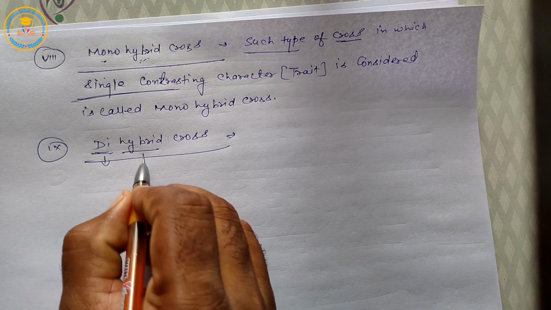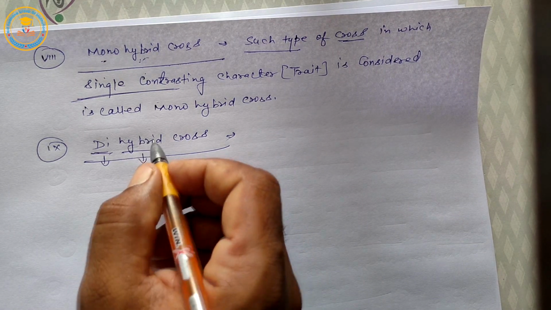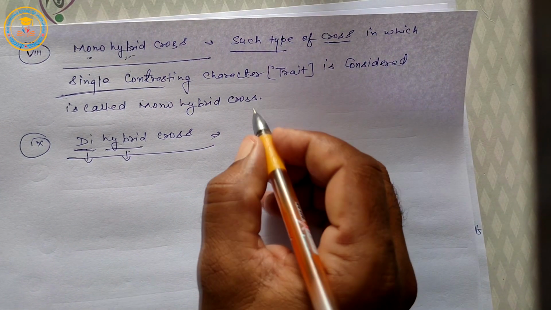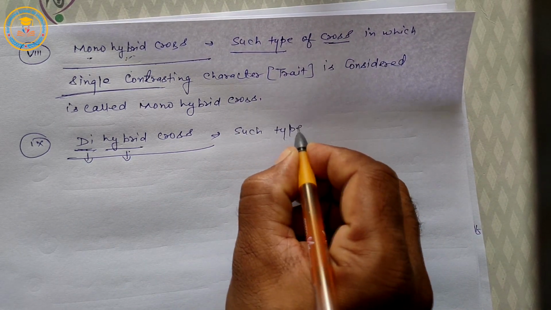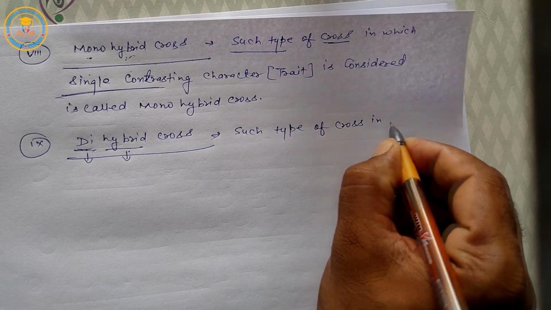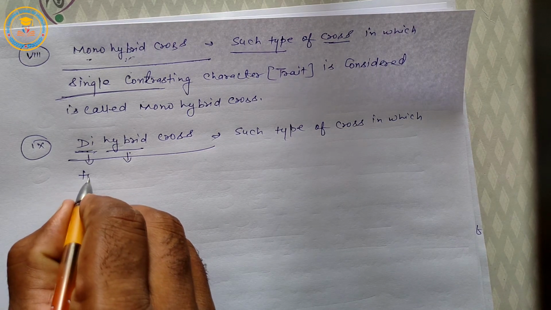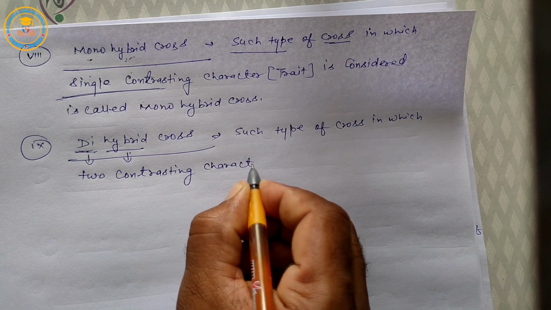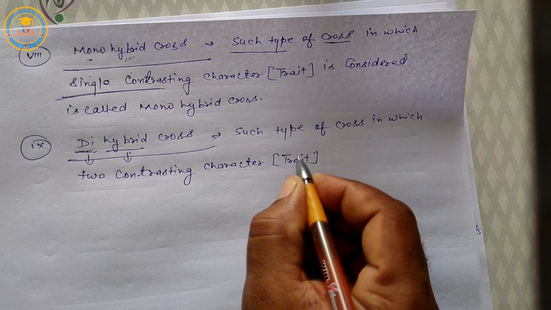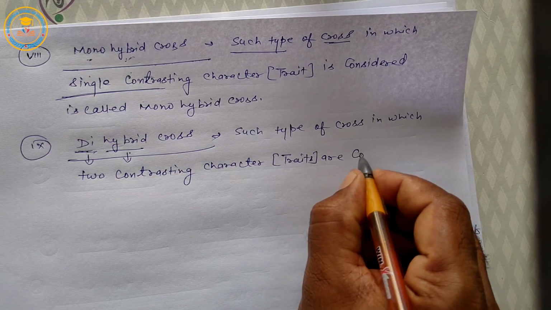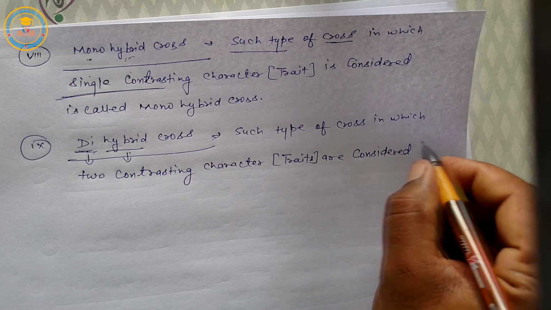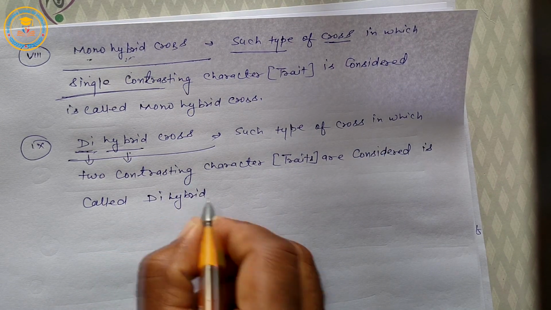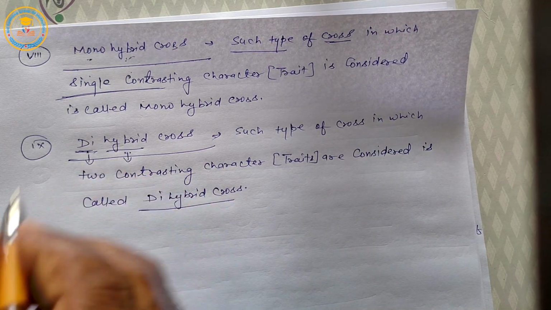In this cross two contrasting characters are considered. Such a type of cross in which two contrasting characters, it means traits, are considered is called dihybrid cross. Once again, di means two, it means cross.